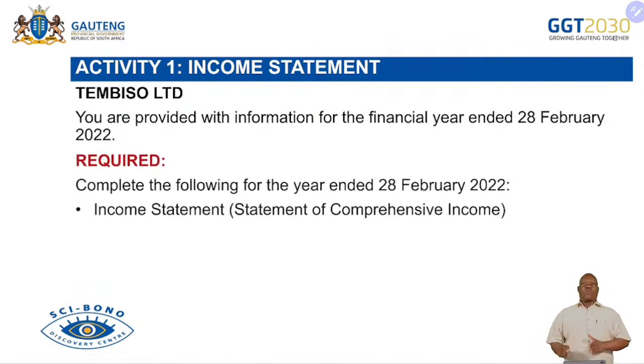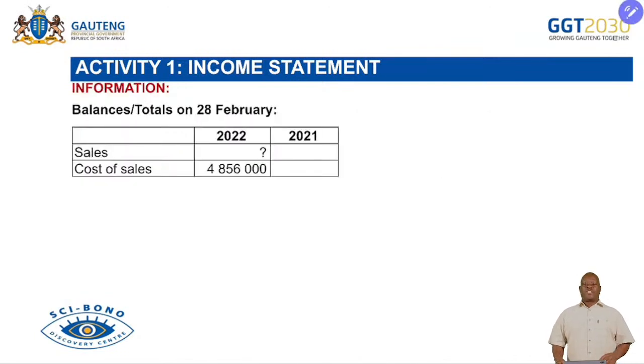You are required to complete the income statement, the statement of comprehensive income, for the year ended 28 February 2022. What we are going to be looking into in this activity are adjustments towards the income statement, adjustments towards the statement of comprehensive income.